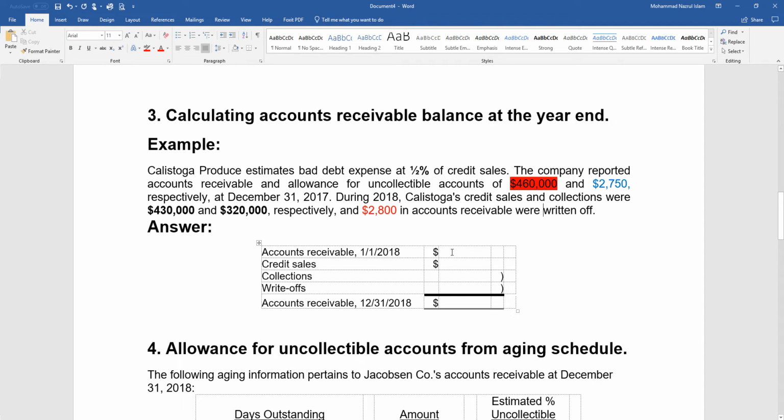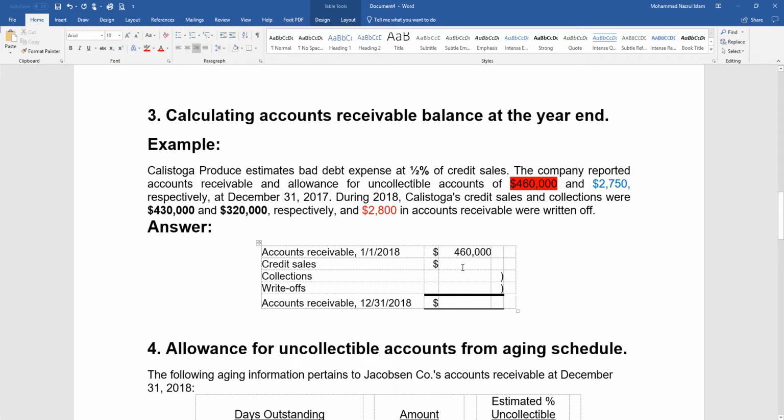To calculate the balance, we need to follow this pro forma. You have to have this one in mind. Accounts receivable, then credit sales, collections, write-offs. So first of all, our accounts receivable is 460,000.